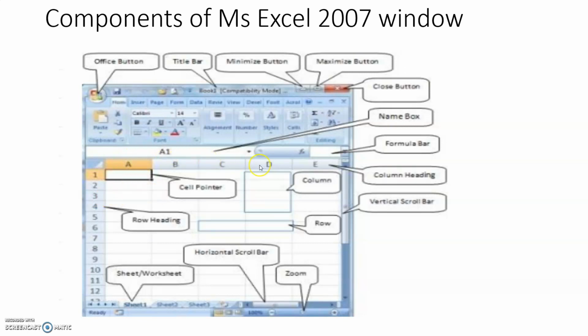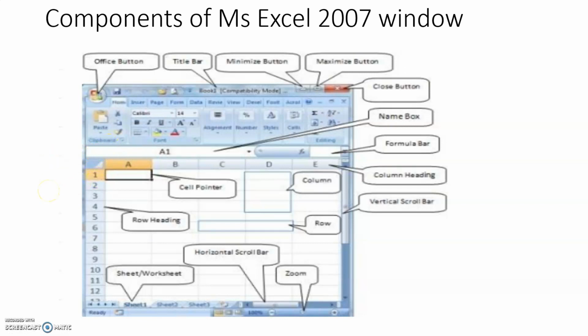A, B, C, D, these are called column names. They are placed on the column heading. 1, 2, 3, 4, they are called row numbers. They are placed on the row heading. First column name is A, first row number is 1.